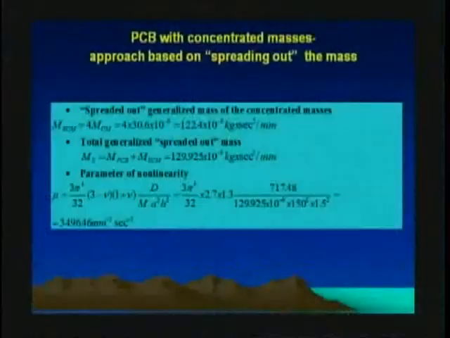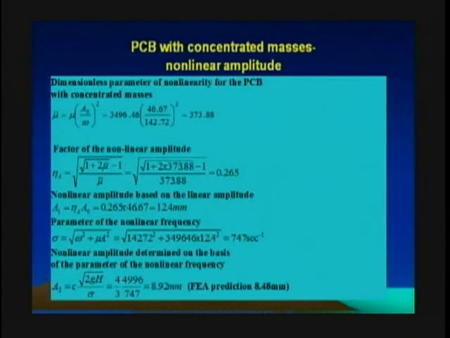Okay, so this is a printed circuit board with concentrated masses, and the approach based on spreading out the masses. And here also we obtained interesting results, a little bit different of the parameter of nonlinearity. You will have a chance to take a look, because I don't want to go through exactly all the results. I only try to indicate those that have to do with the physics of phenomena.